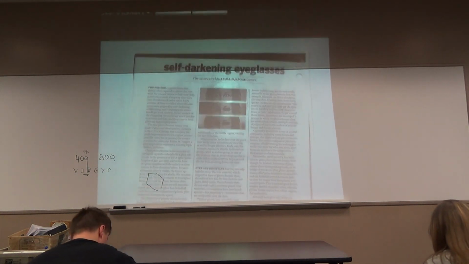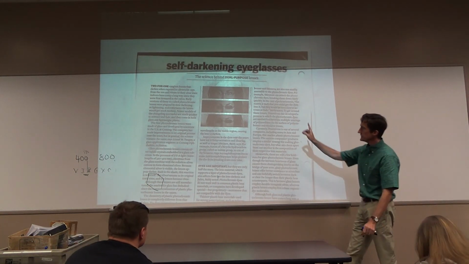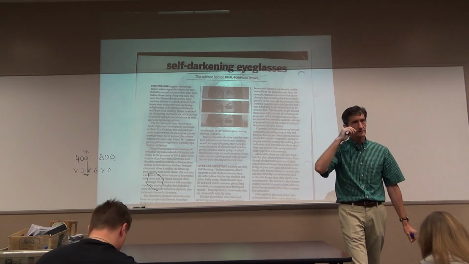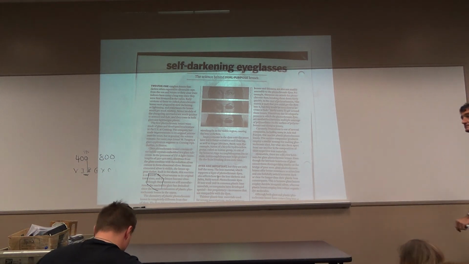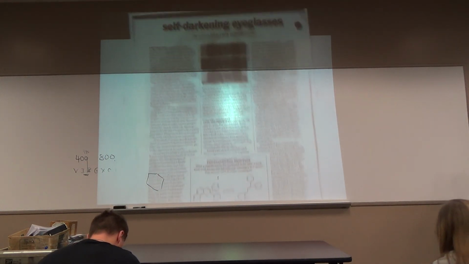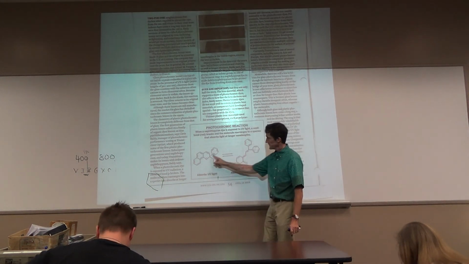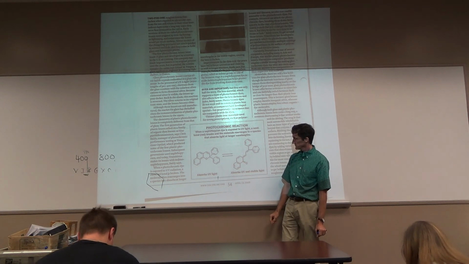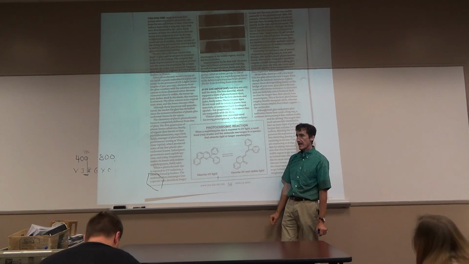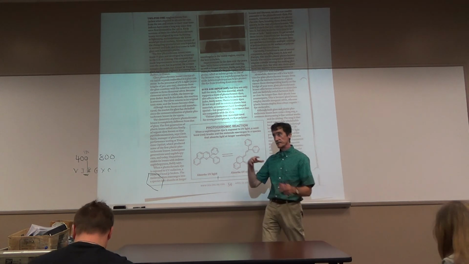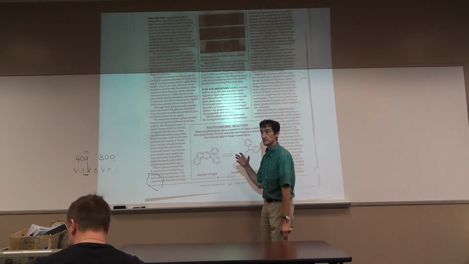Last thing, an application. You ever seen sunglasses that darken when you go outside? Yeah, transition lenses. What's going on? The lenses have compounds in them, and in the presence of light, the molecule will undergo a reaction back and forth.